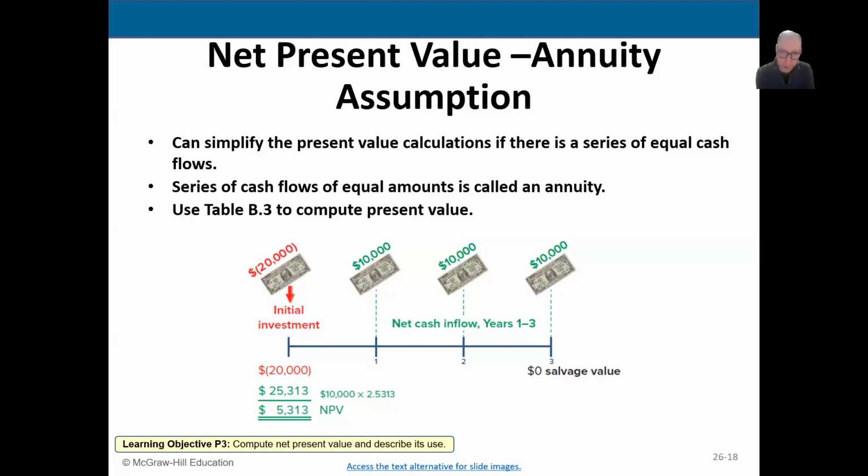We have the 3 years, $10,000 cash flow times 2.5313, which we found from our table at 9% interest. That gives us 25,313 minus the initial investment of 20,000 equals 5,313. That's the example when we purchase a piece of machinery.